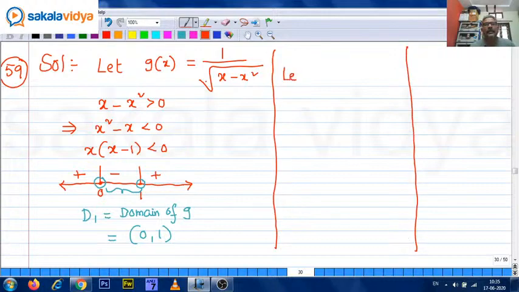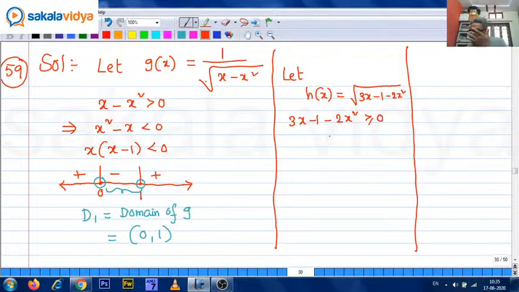let us say another function h of x, that will be root of 3x minus 1 minus 2x square. For this one, 3x minus 1 minus 2x square must be greater than or equal to 0.